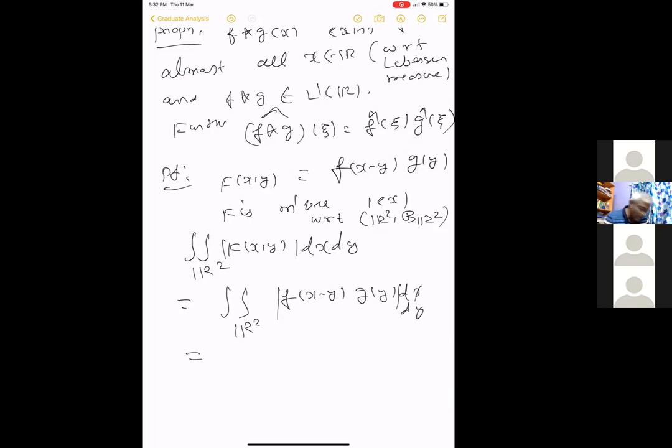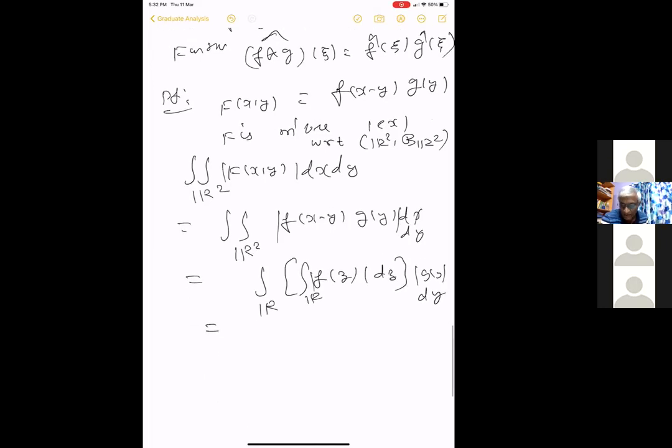Then we know that by the change of variable formula, you can substitute x − y to be some z, which is equal to the integral over R of the modulus of f(z) dz, then the modulus of g(y) dy.